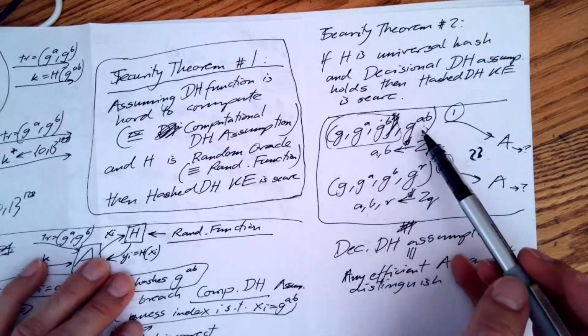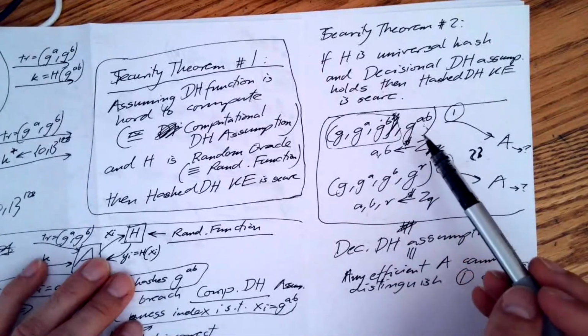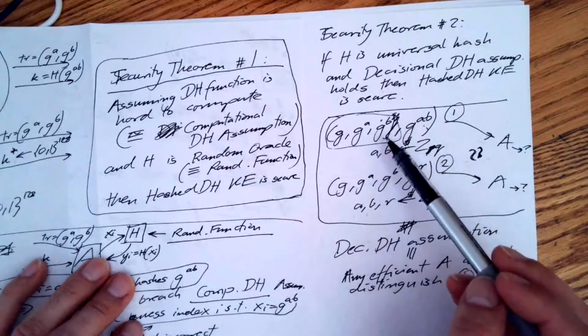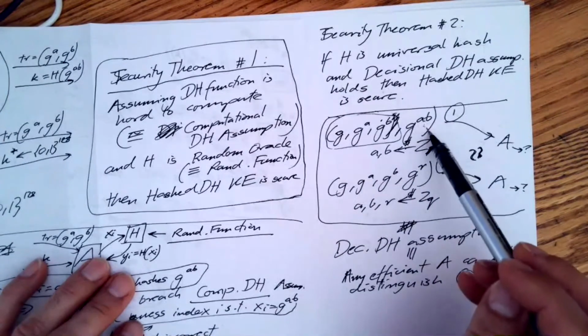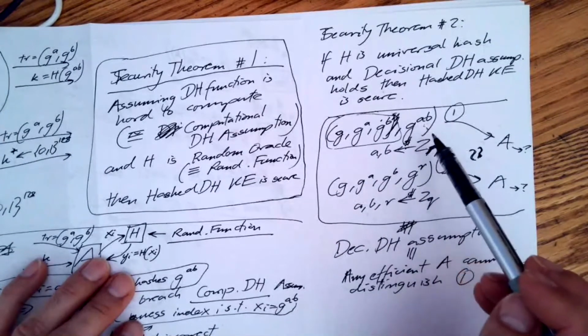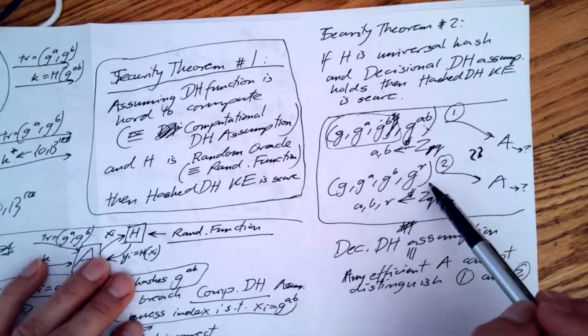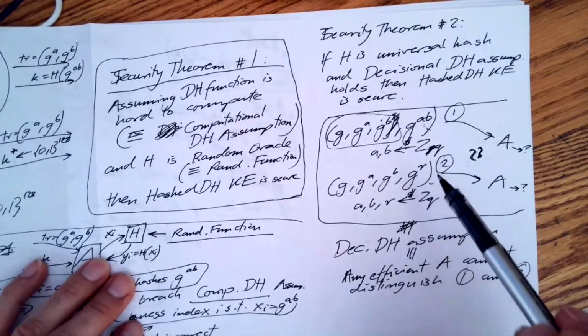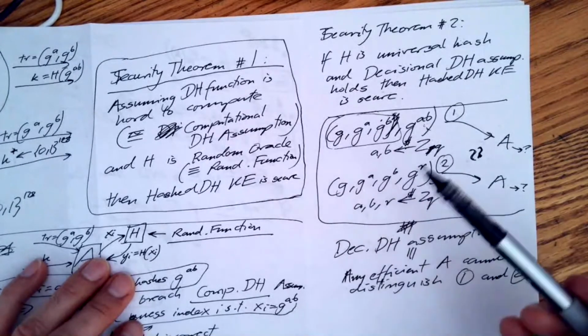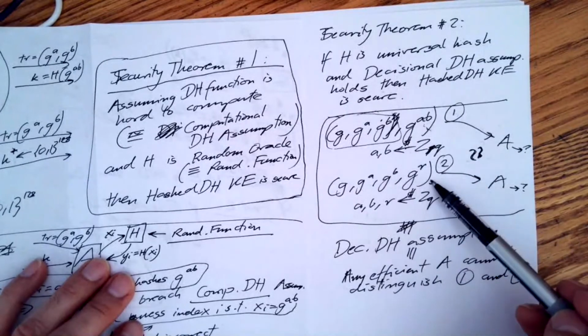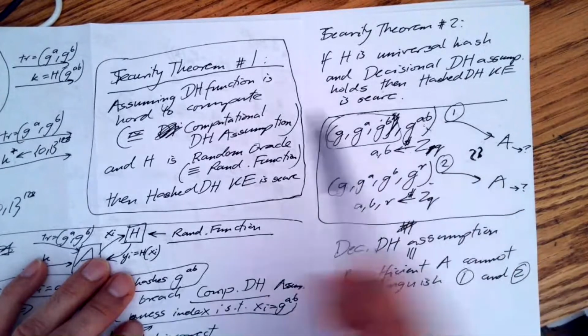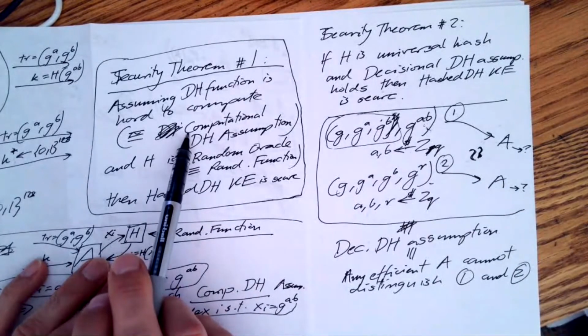For some, however, some elliptic curves have what's called a bilinear map, which precisely gives you a trapdoor that allows distinguishing these two. So the bilinear map allows distinguishing these two, but it doesn't allow breaking the computational assumption.